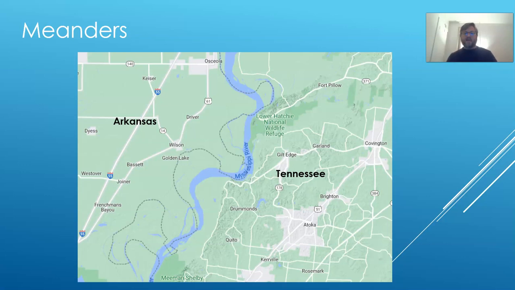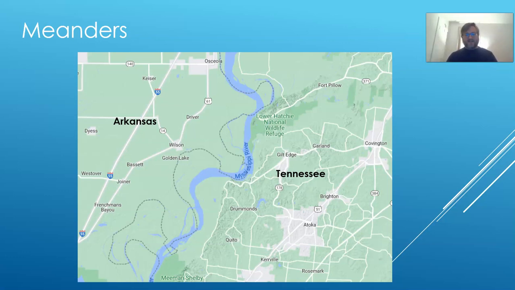And when that happened, the states of Arkansas and Tennessee agreed to keep their border where the Mississippi River was back when the states were created, even though the river no longer follows that line anymore.